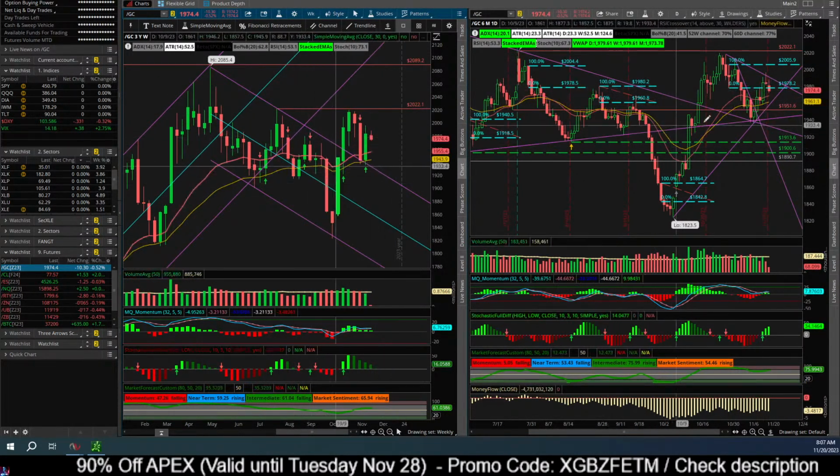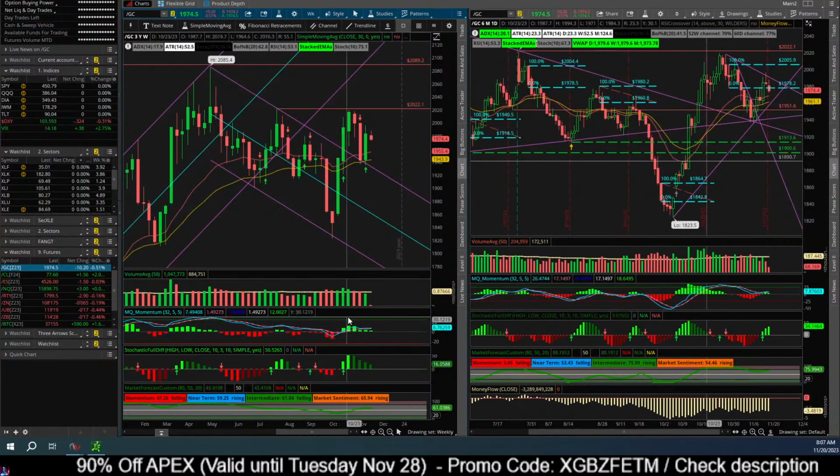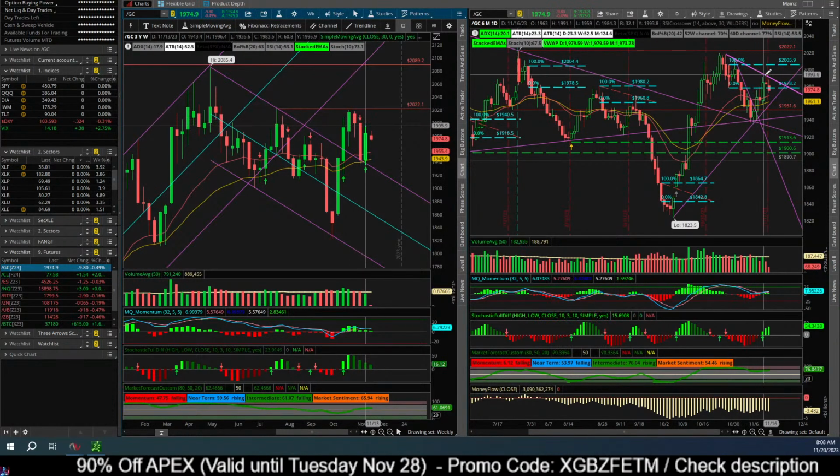So we are neutral in the weeklies, starting the week a little bit bearish after this nice move last week. On the stochastics and MACD we are positive, and we are falling on the intermediate line in the MFC. As far as the daily, as I was saying, we are bouncing off of this diagonal here.